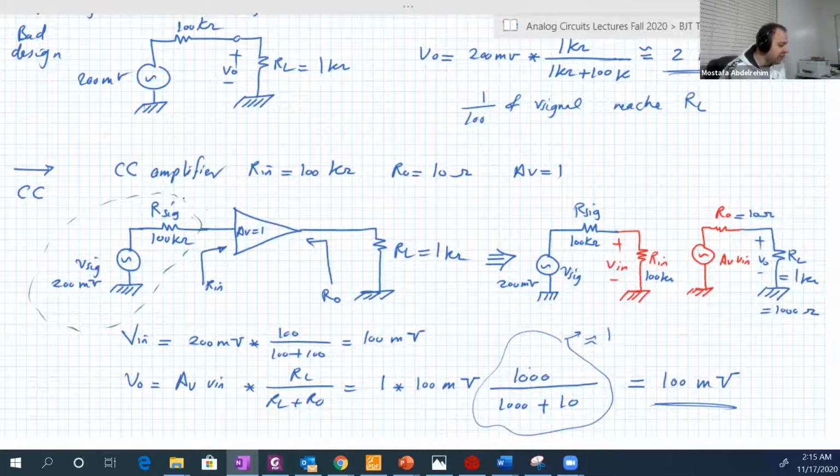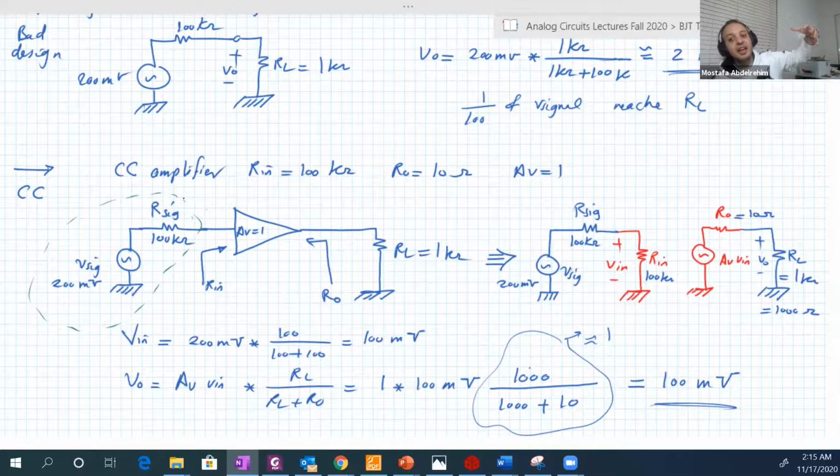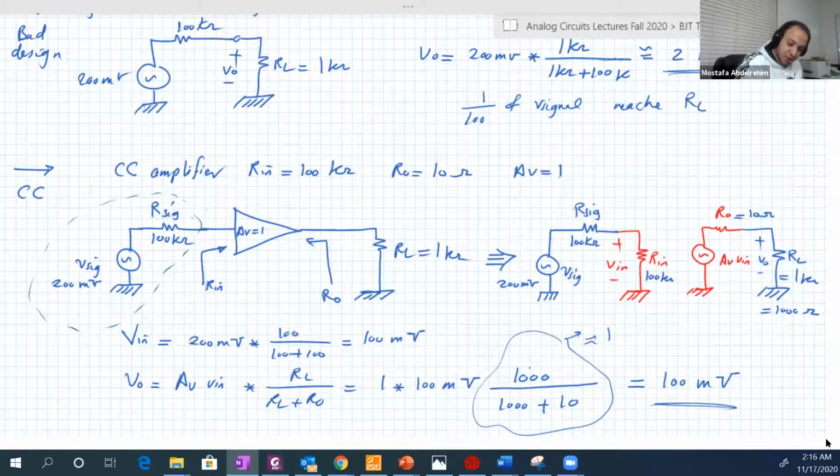So that's basically the common collector application, which is an interface between a source which has a high internal resistance, usually another amplifier stage, common emitter for example, and a small load. Okay. Now let's draw this.